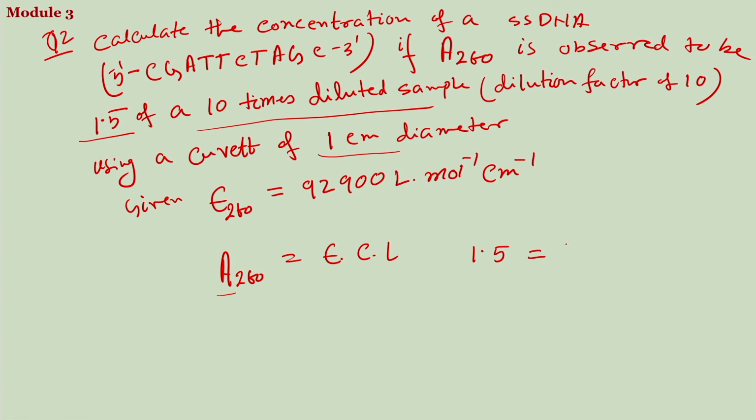So, 1.5 equals 92,900 into L is 1 into C, concentration. Now, what is the unit? Liter mole inverse centimeter inverse into the length was in centimeter. So, this cancelled out.